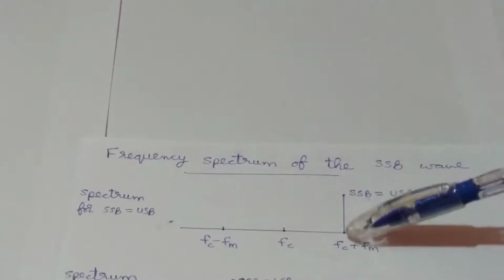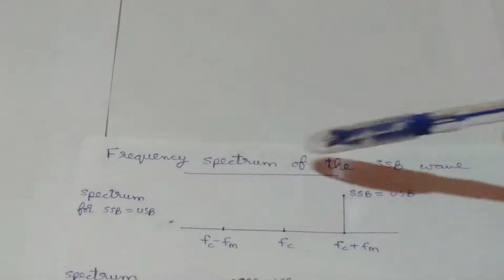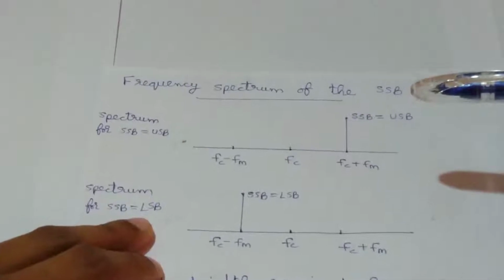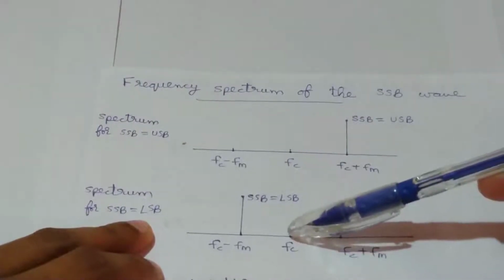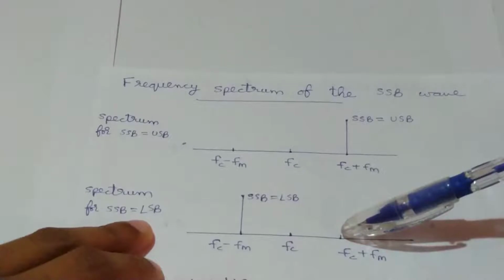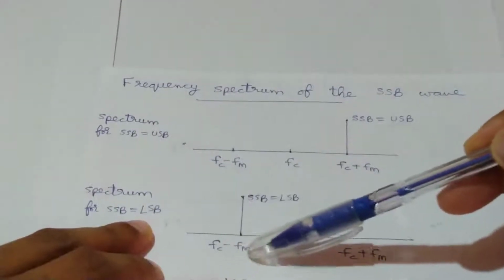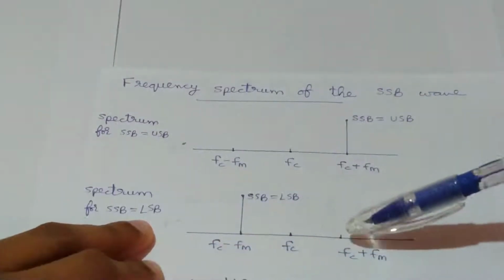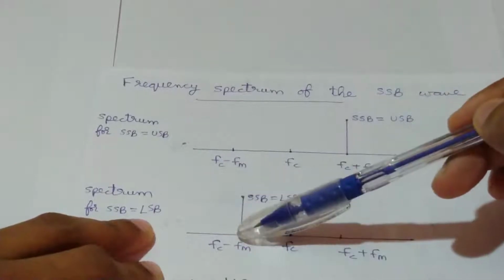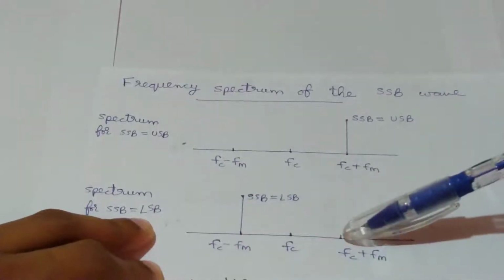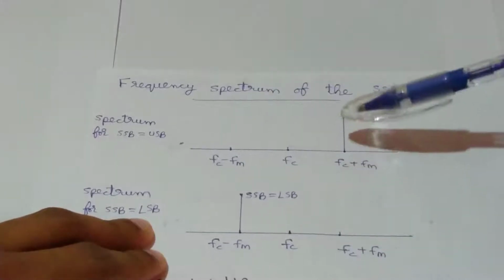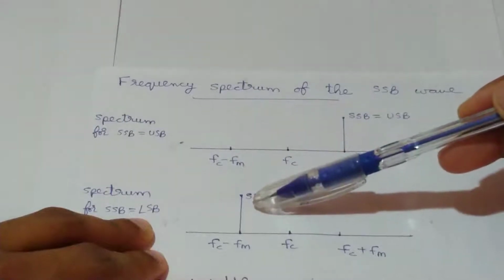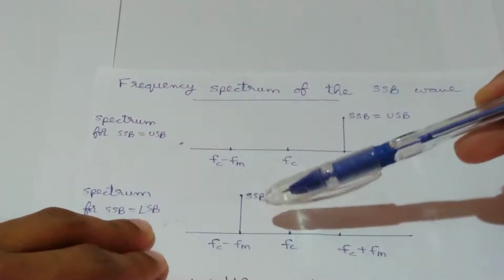And if we are choosing the lower sideband component for the transmission, then we will suppress the carrier component and the upper sideband component, and we will transmit only the lower sideband component, and hence the frequency spectrum in this case will be like this. In these cases we are transmitting only one of the sideband components, and hence the bandwidth required is very much less.